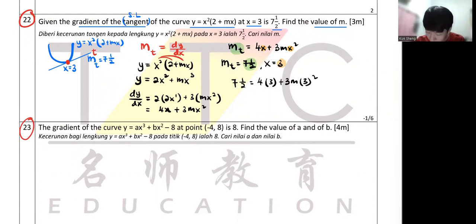For 3m times 3 squared, it should be 27.